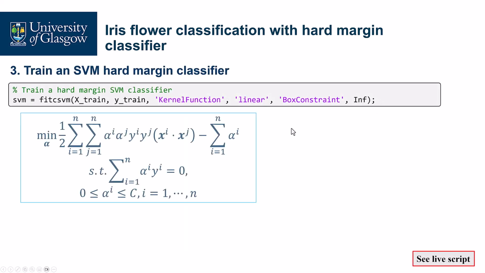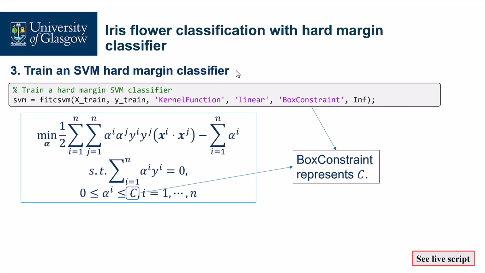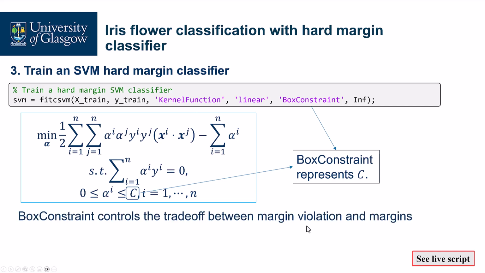So remind the box constraint. This is a C value, right? This value we call the box constraint, C. As we have said before, C controls the trade-off between the margin violation and the margin itself.